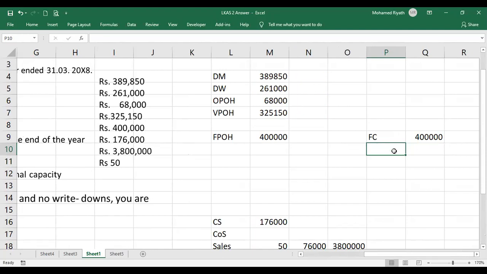Then we have to take actual capacity or normal capacity to get the fixed cost absorption rate per unit.